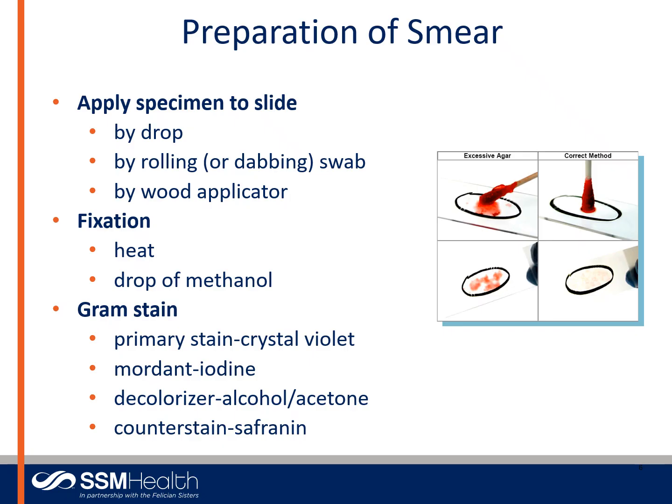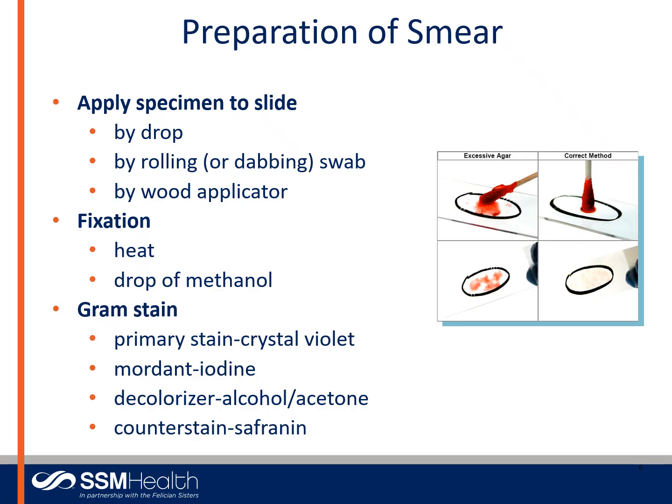Or it's so thick that you might have a lot of stain precipitate, which could mask the presence of bacteria, or it might change the color. You may not get as good decolorization or counterstain. So what you really want is a monocellular layer. After you apply the specimen, you want to make sure that it is spread out nice and even.